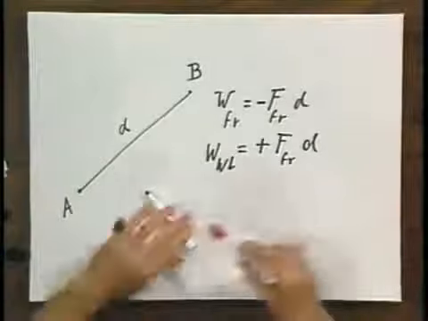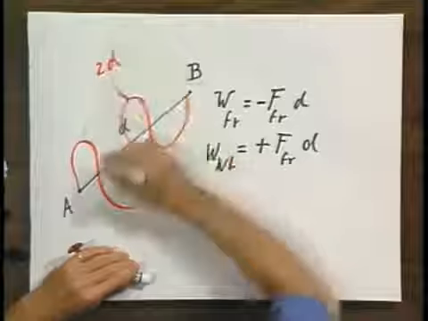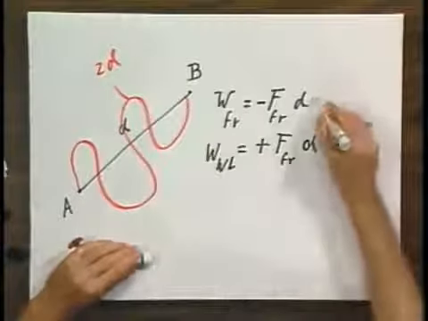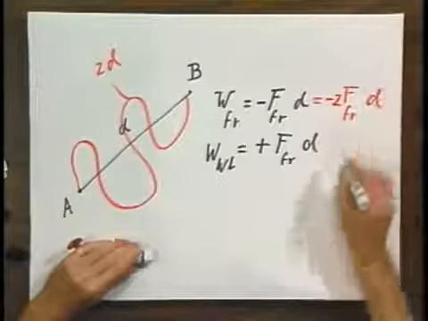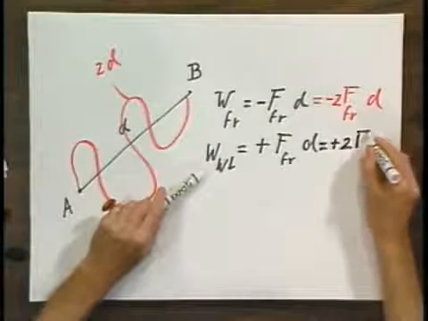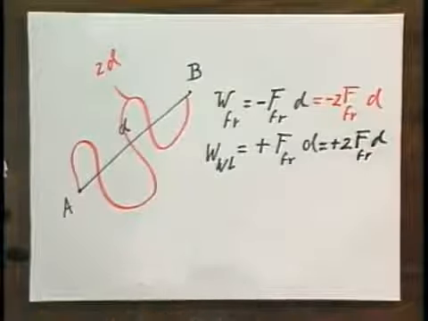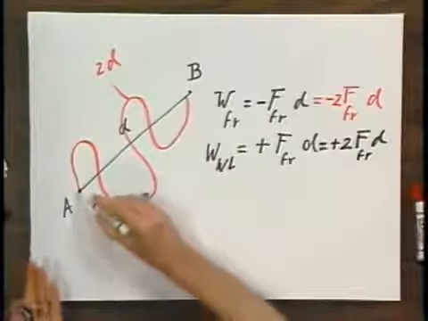If now I choose a different routing, so that the total length of this path equals 2d, then this would be minus 2 F friction times d, and the work done by Walter Lewin would have been twice as much, 2 F friction times d. The net work on this object going from A to B is 0. There is no change in potential energy and there is no change in kinetic energy, because the net work done on the object is 0.